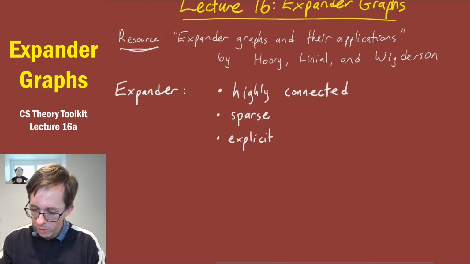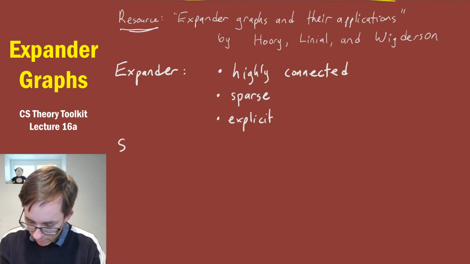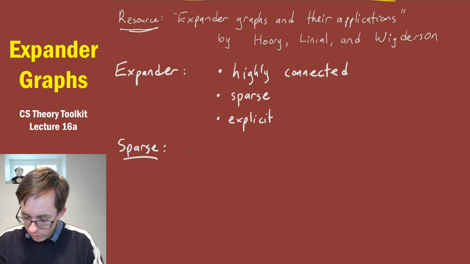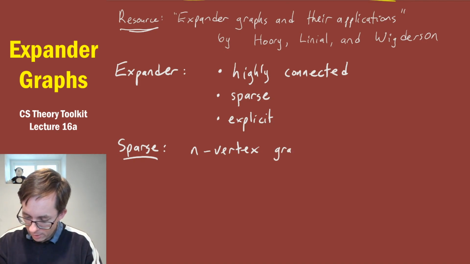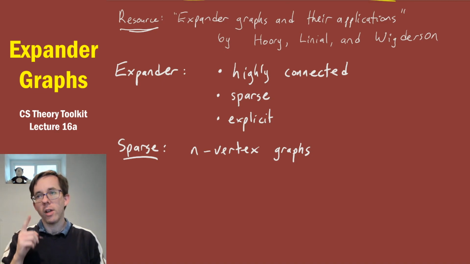I'm actually going to start with property 2 here, sparse, because it's the easiest one to talk about. So what does sparse mean? Well, I should mention that in the context of expander graphs, we'll be talking about n vertex graphs, and as always in computer science theory, usually you don't just want one graph, or an expander graph on 1,000 vertices.